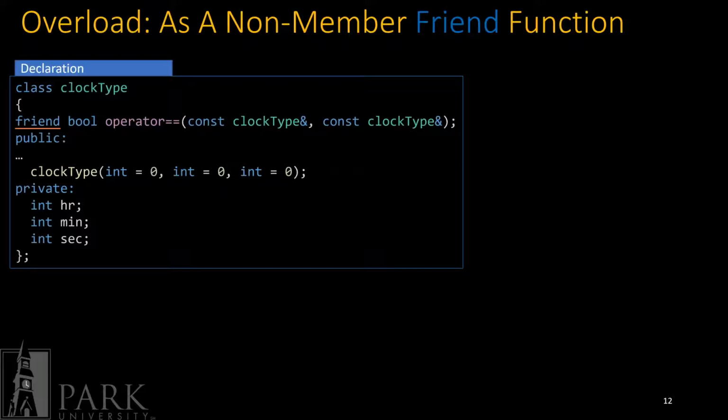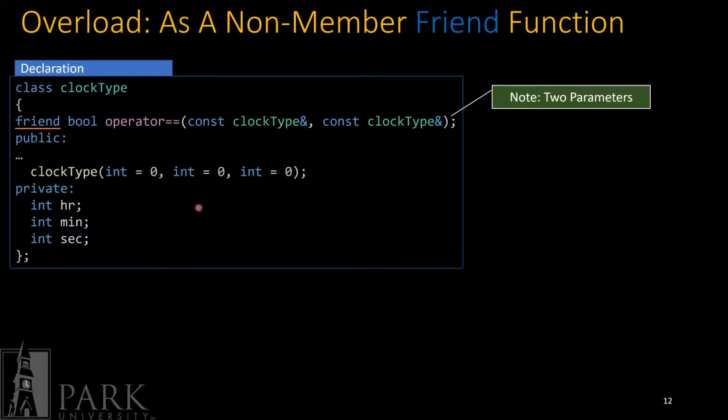Another thing to pay attention to is that the operator function now takes two parameters. So you can see here we don't have public or private, and we have two parameters as well. And because a friend function is a non-member, it doesn't have a calling object, therefore both operands have to be sent in as function parameters.